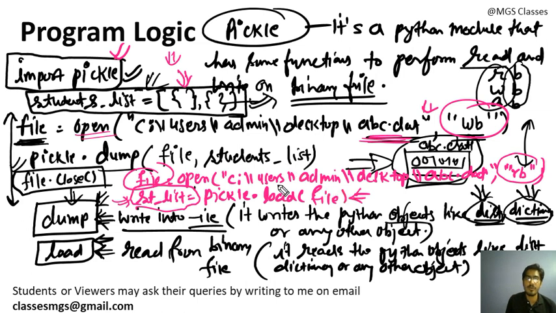Then in another program we will read this file, take this list again, and search into this student list using the logic we have already understood, how to iterate a list of dictionaries and search into this list. Now I will write the steps for this program so that you can clearly understand the logic.